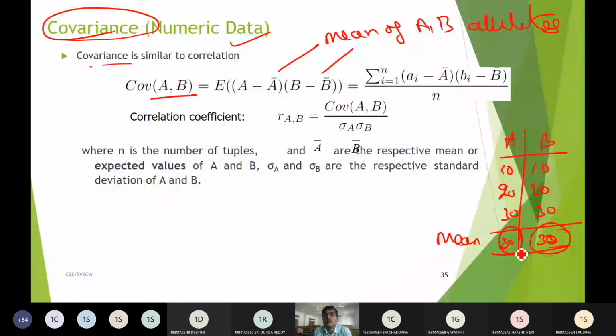So we have A minus A complement and B minus B complement. This is represented as A complement and another 30 is represented as B complement, and thereby we are going to compute the correlation coefficient.